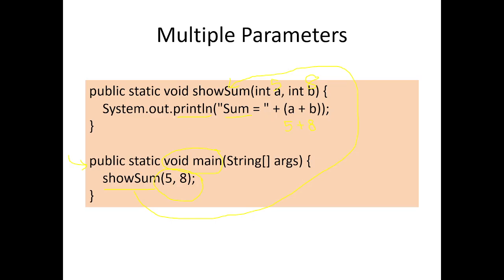Then the output will be sum equal to 13. So that's all. In this example we have two different structures: one is the main structure, the second one is your method structure, named showSum. This is an example of multiple parameters.